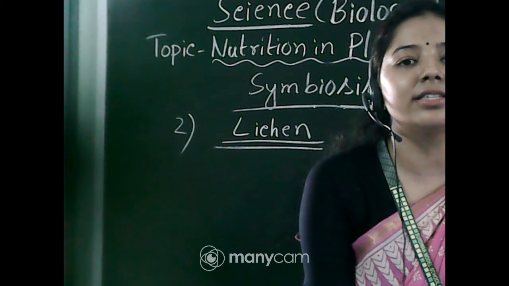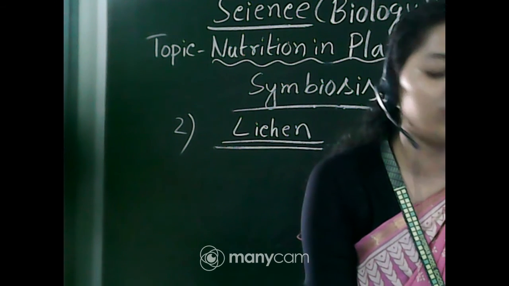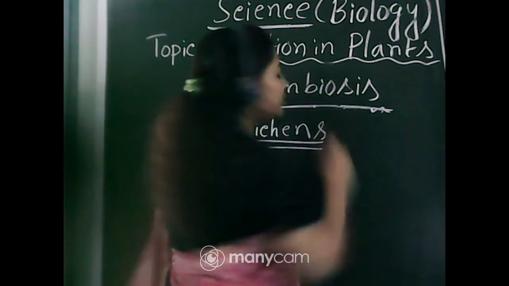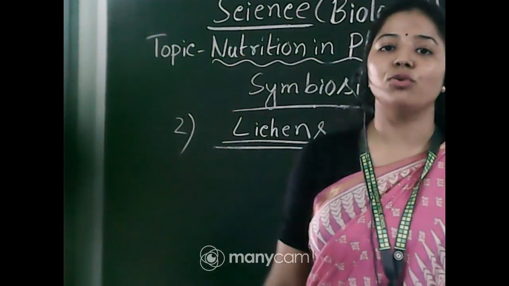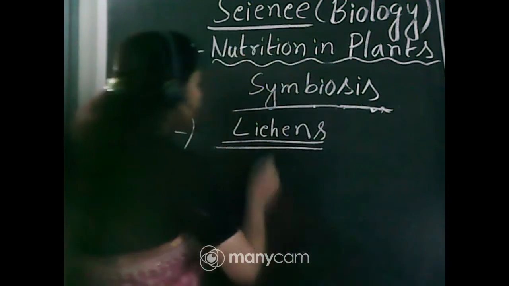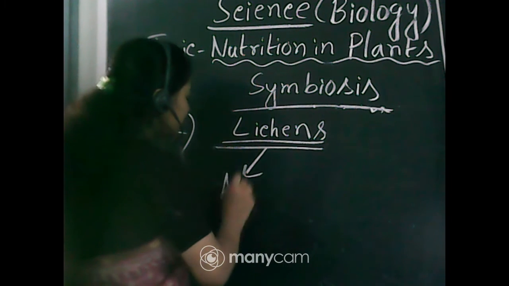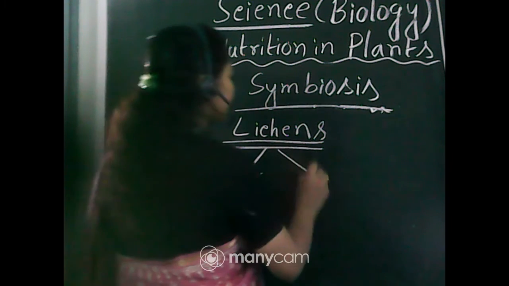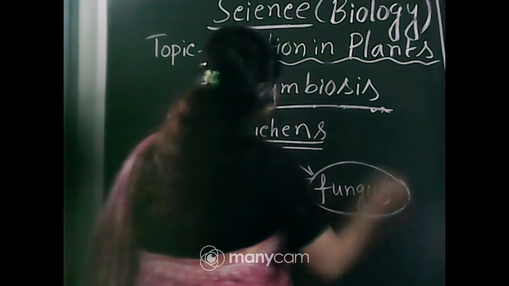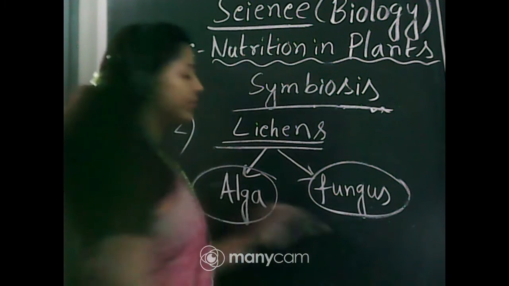Lichen is the organism where two partners are there. One is a chlorophyll-containing partner, known as alga, and the other partner is known as fungus. So lichen has two partners, alga and fungus, or algae and fungi.